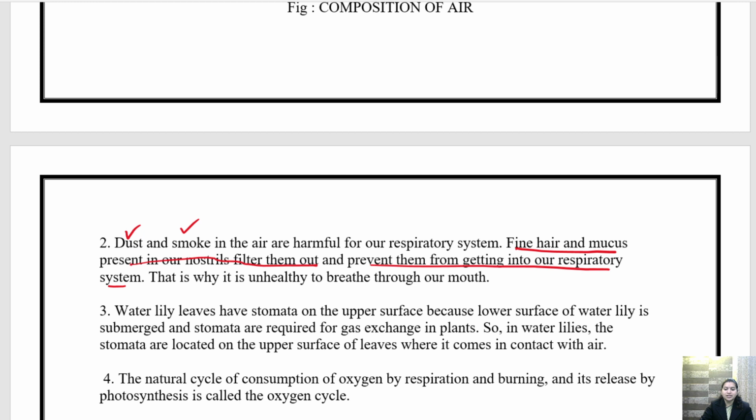That is why it is unhealthy to breathe through our mouth, because the mouth does not have any such filter. Our nose has nose hair and mucus, so the dust and smoke do not go inside our respiratory system, but such things are not present in the mouth, so it is very harmful to breathe in through the mouth.